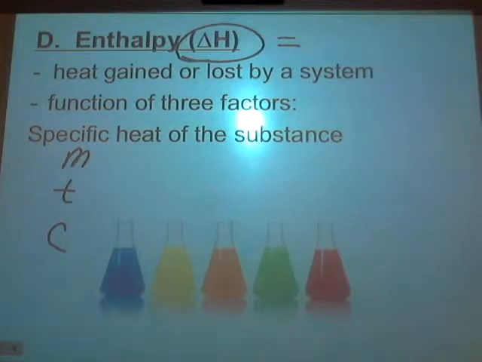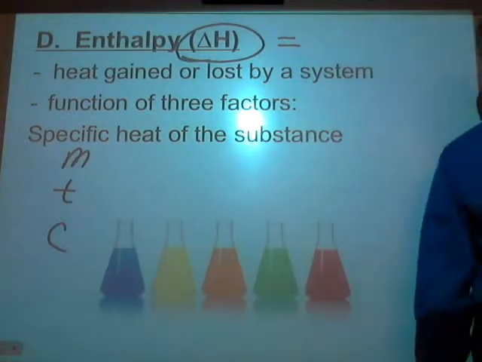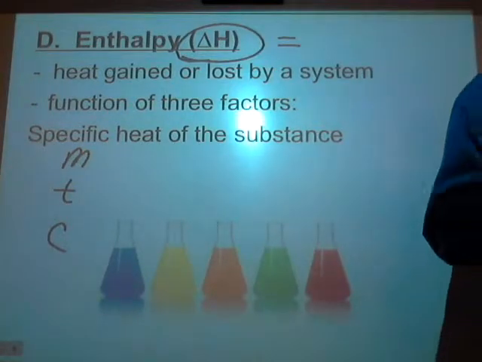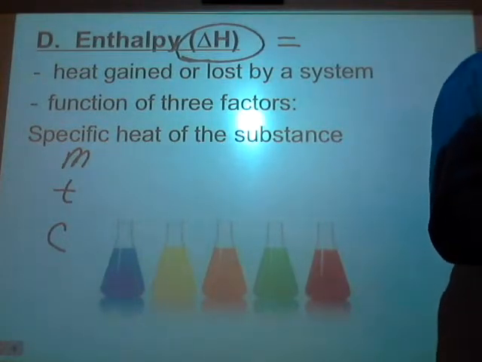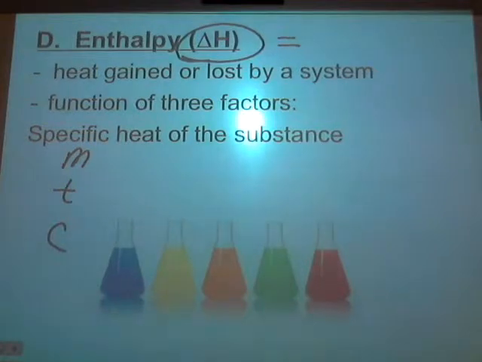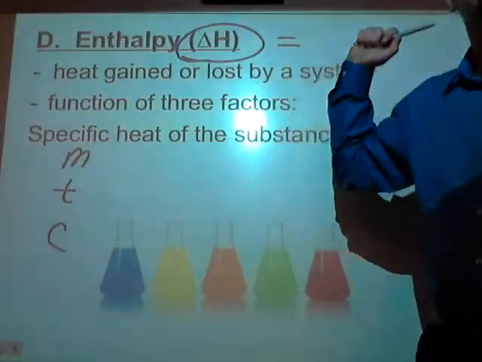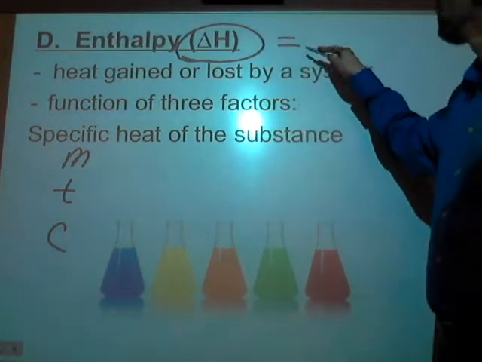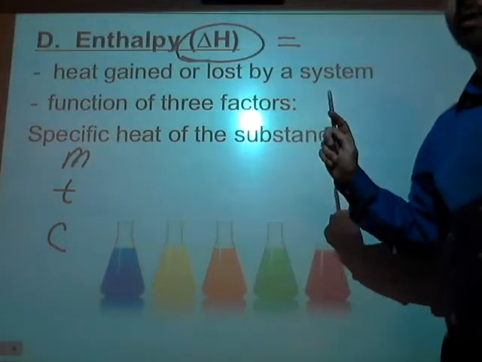What do you think delta H equals? How will I arrange M, C, and T together? How will they have to be arranged in order to get the correct answer? Look at the units. That's always a clue. What do you think my units of heat have to be in? Calories or joules, right? So we know it has to be in joules or calories.